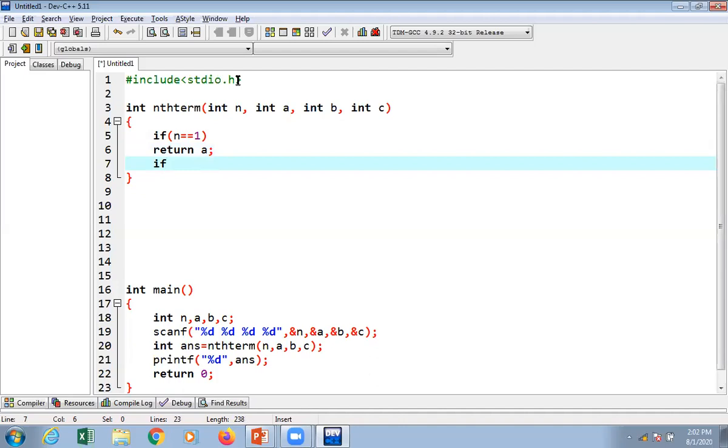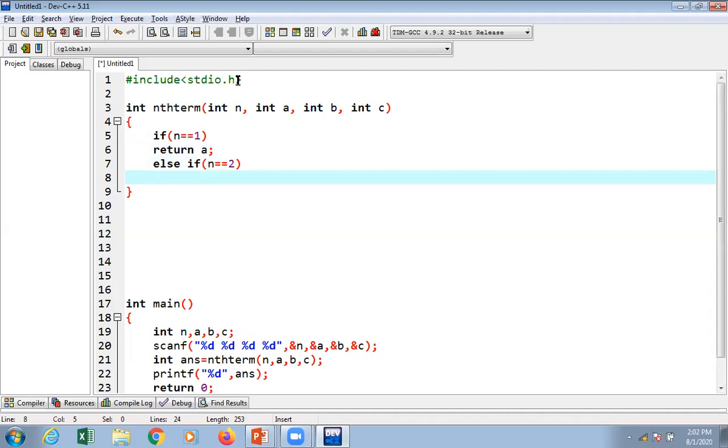If we are talking about the second term, we know that that is b, and we'll be simply returning it.